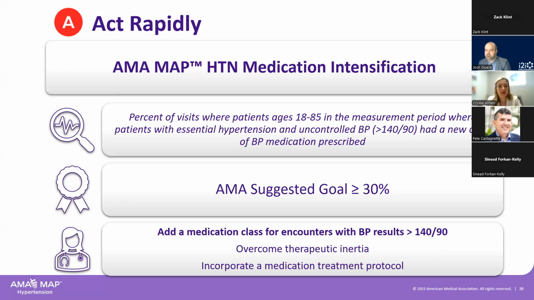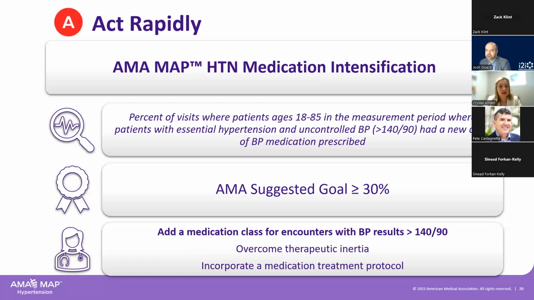To achieve the numerator for this measure, we're looking to see if this patient has had their treatment initiated or intensified, and that's defined as the addition of a new class of blood pressure medication. Typically, intensification occurs in 1 out of 7 visits, so about 14% of visits. And the AMA recommends a goal of at least 30% for this measure.